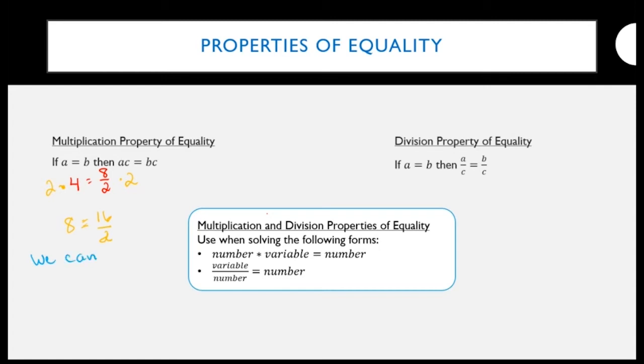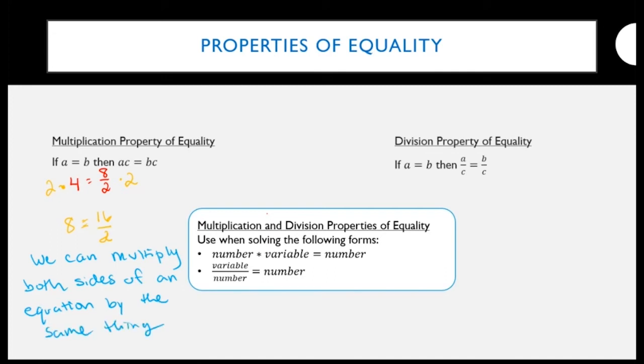So we just basically say we can multiply both sides of an equation by the same thing. Think of it as you've got a balance going on, or like a seesaw.